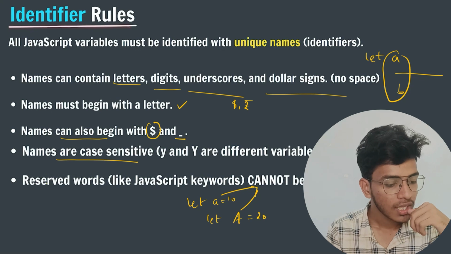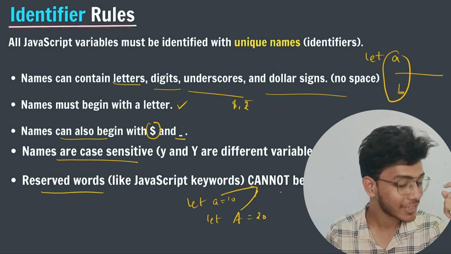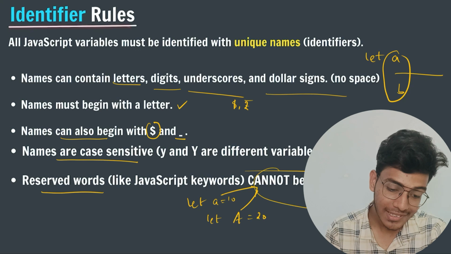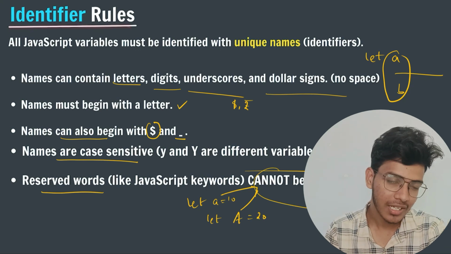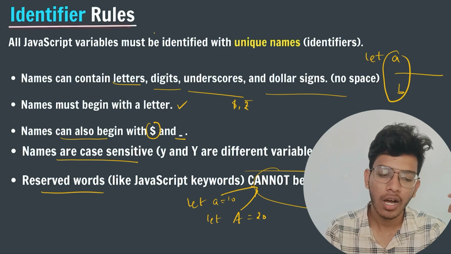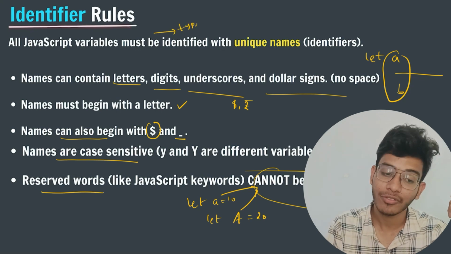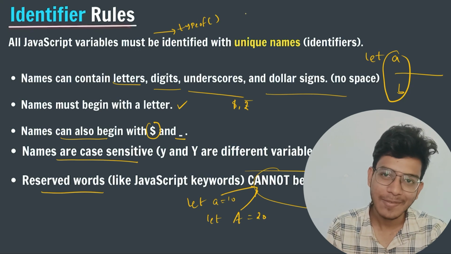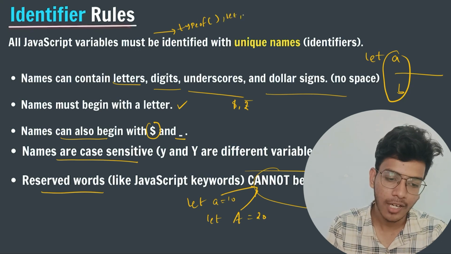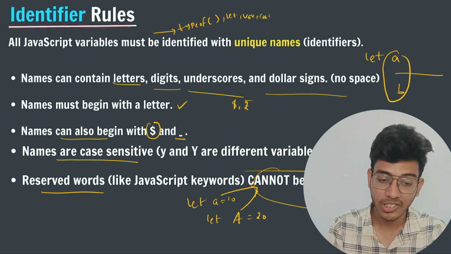Now there are some reserved keywords and those keywords cannot be used while declaring a variable. Some reserved keywords are, for example, typeof. Typeof is a reserved function. We cannot declare a variable name with typeof. After let, after var, const.